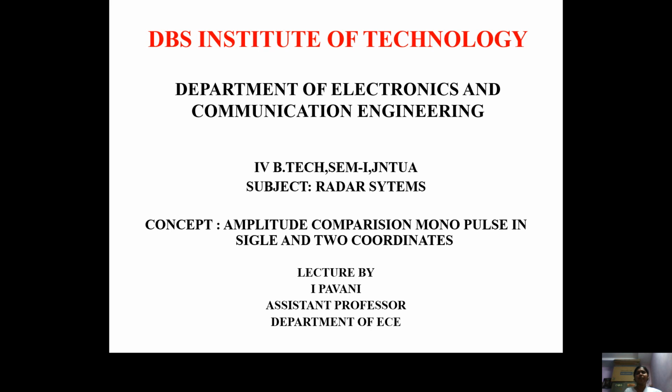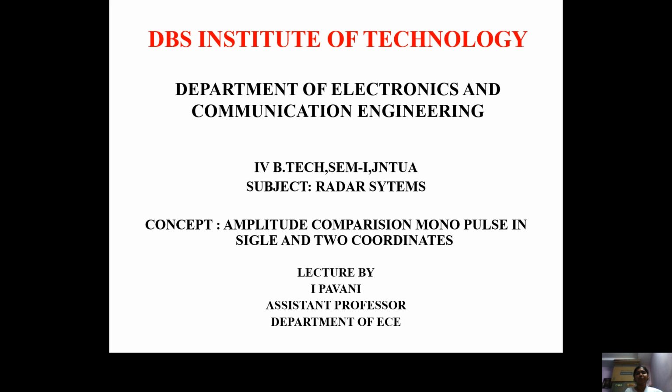Unlike in sequential lobing and conical scan modulation, here we are going to use more than one lobe. So that is why we add the other word, simultaneous lobing. Along with the monopulse, the received echo signal is processed to extract the range and phase detection.